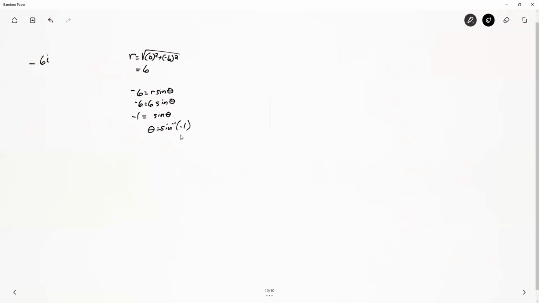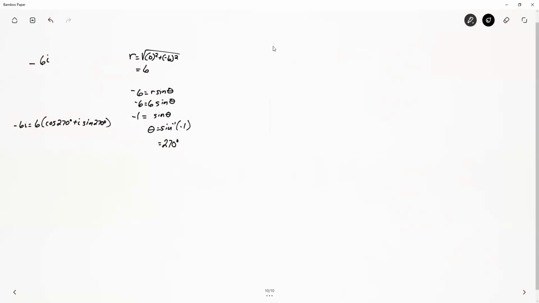Remember, in your calculator it's going to show negative 90 degrees, so this gives us 270 degrees. So negative 6i is equal to 6, because that's my r, cosine of 270 degrees, plus i sine of 270 degrees.